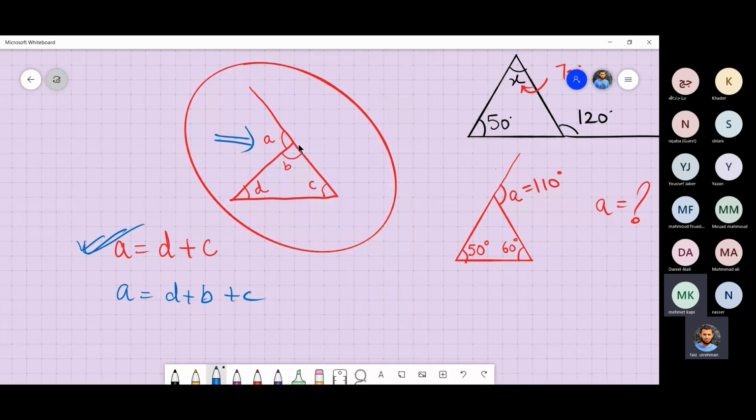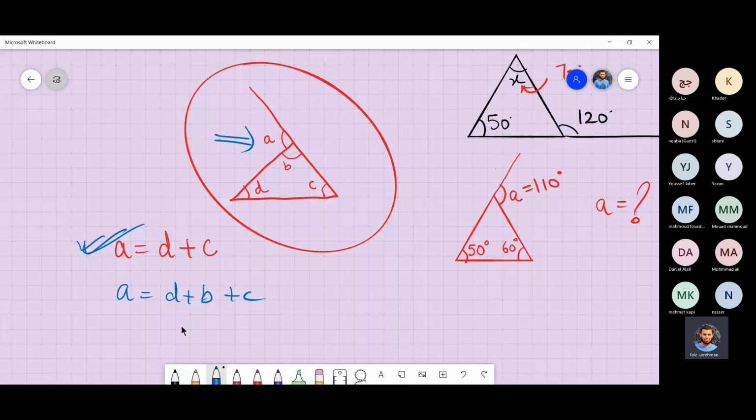In the exterior angle property, the exterior angle is equal to the sum of the opposite interior angles. That means B will not be coming in the equation. If it is given, no problem, but you will not use it in the exterior angle property. Clear? Let me explain why you will not use it.